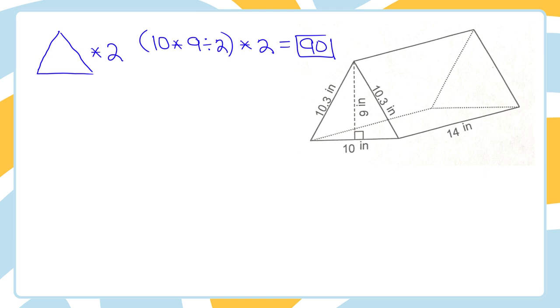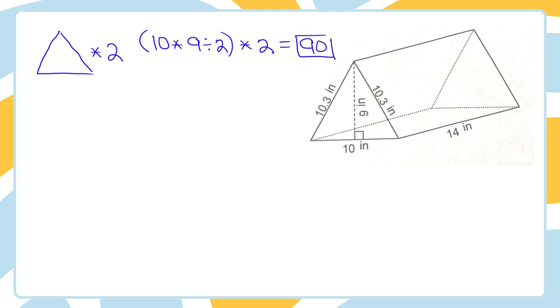Okay? So first thing, get rid of the triangles. We found their area. There were 2 of them. We doubled it. We're good. The next part we have is having to deal with the rectangles. Now, I told you guys to keep your colors out.